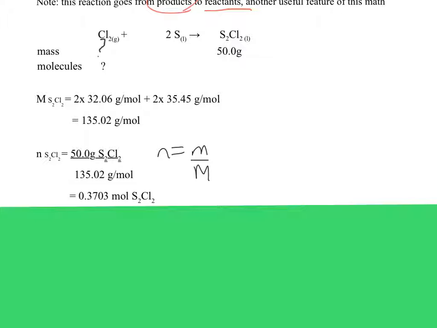If you like dimensional analysis and you want to do it stepwise, we want moles, so we have to flip over our molar mass and multiply it by the mass.